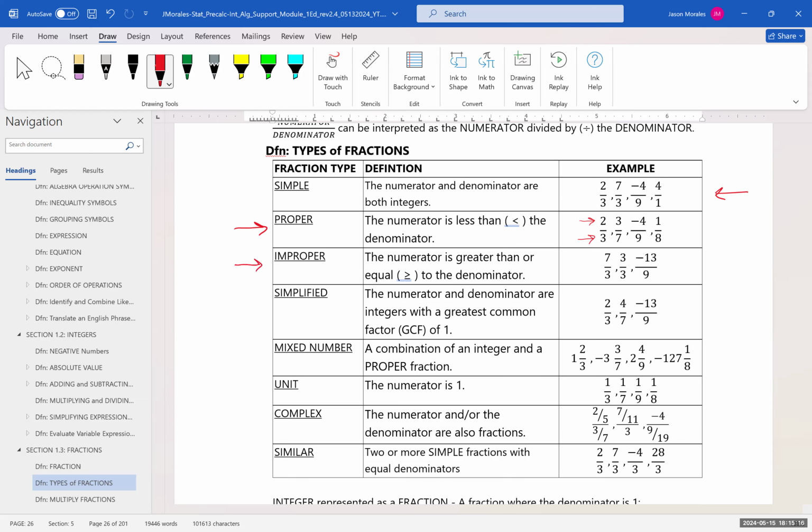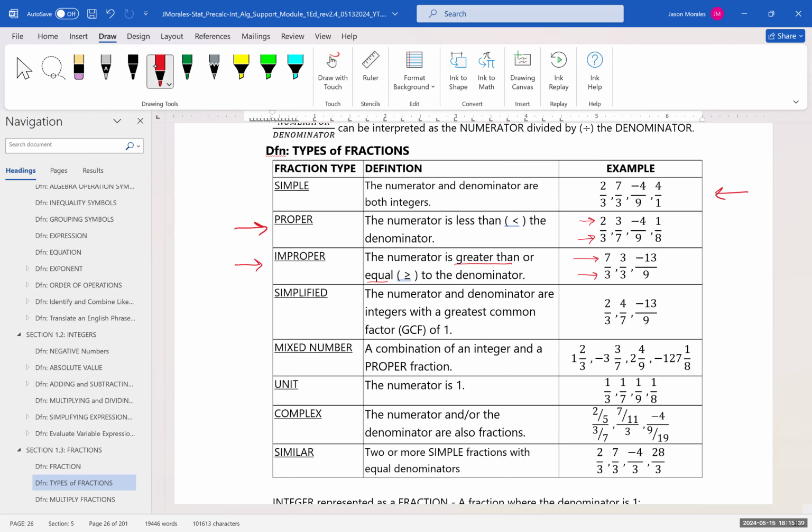An improper fraction is where the numerator is greater than or equal to the denominator. So 7/3, 7 is greater than 3. 3/3 is where the numerator and the denominator are the same.